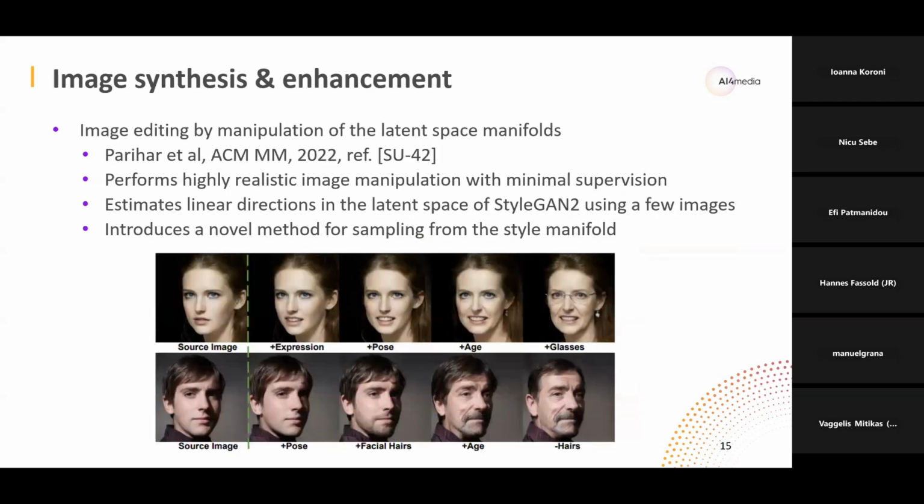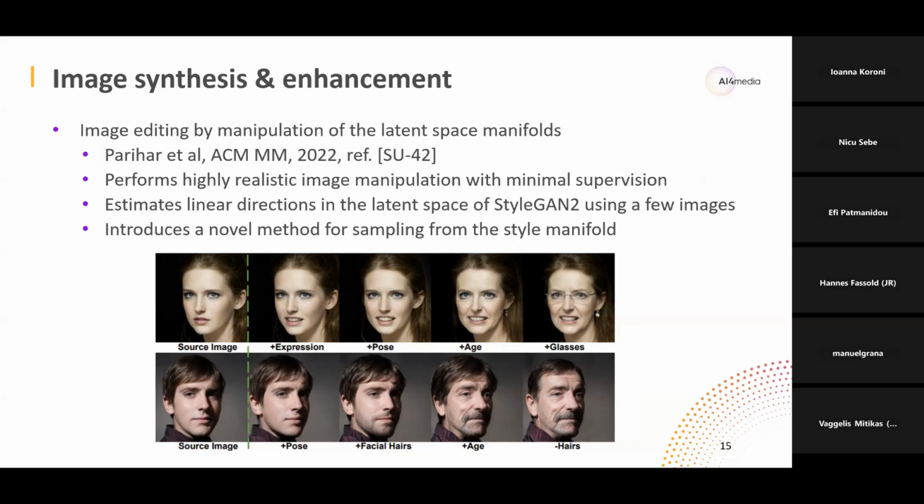Then for image synthesis and enhancement, I found also a nice example for an algorithm for image editing by manipulation of the latent space manifolds. So it's an ACM MM paper, a recent one. And the nice thing is that it can really perform highly realistic face manipulation tasks with minimal supervision.